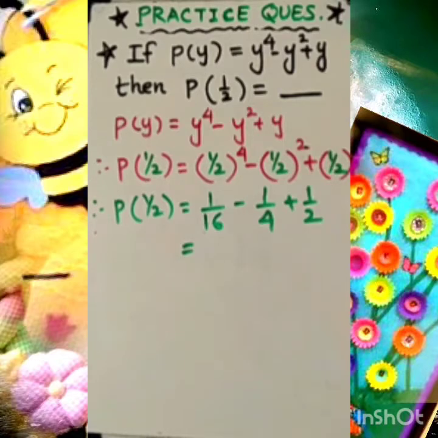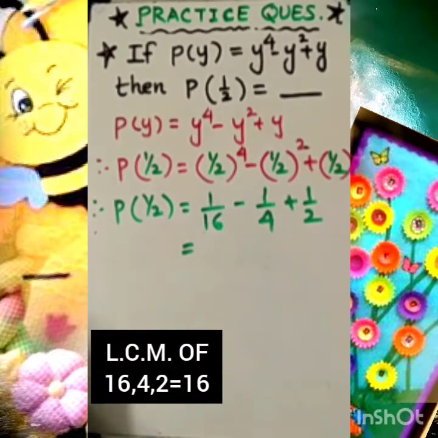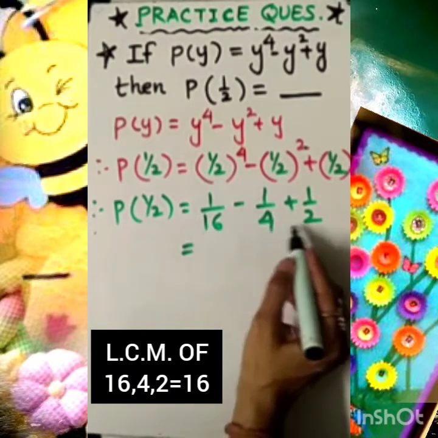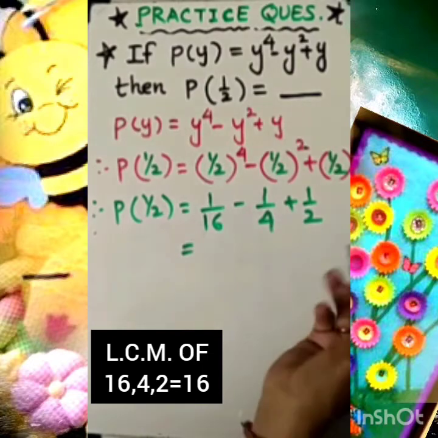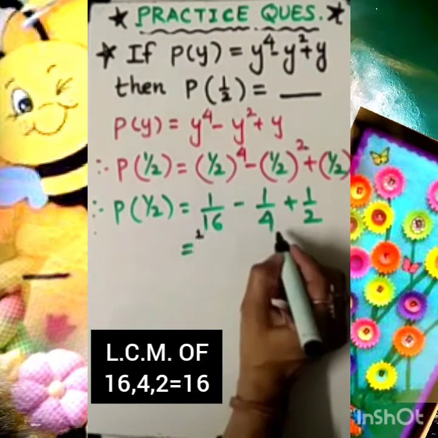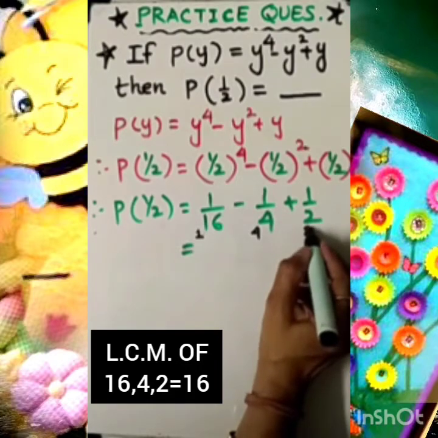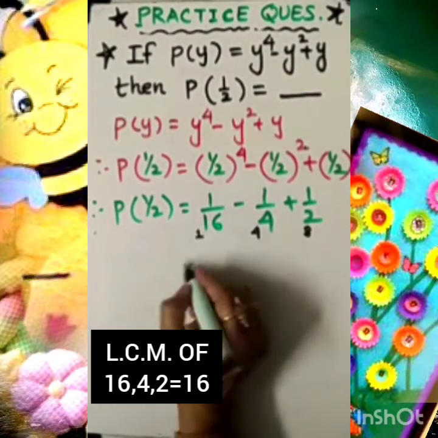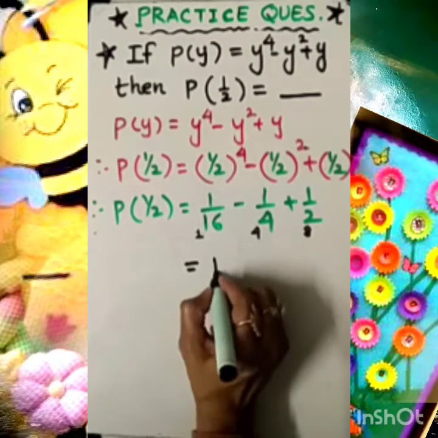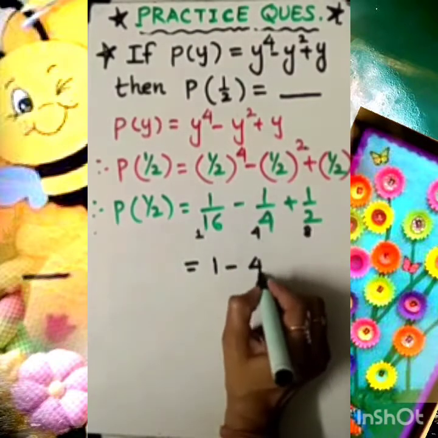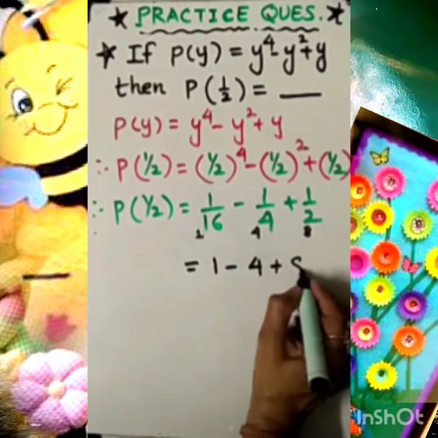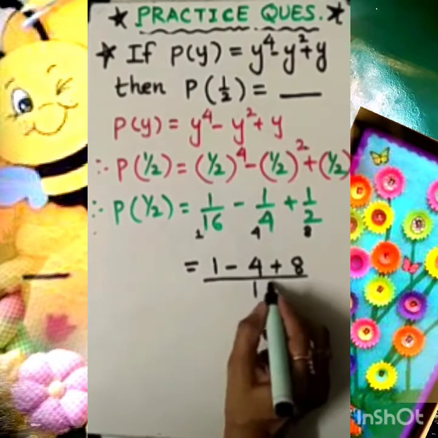So how to simplify? You know very well, in such a case we need to take the LCM. The LCM of 16, 4 and 2 will be 16. So I need to multiply here with 1, here with 4, 4 times 4 is 16, and of course 2 times 8 is 16. Fine. So 1 times 1 is 1, 4 times 1 is 4, 8 times 1 is 8, and LCM 16.